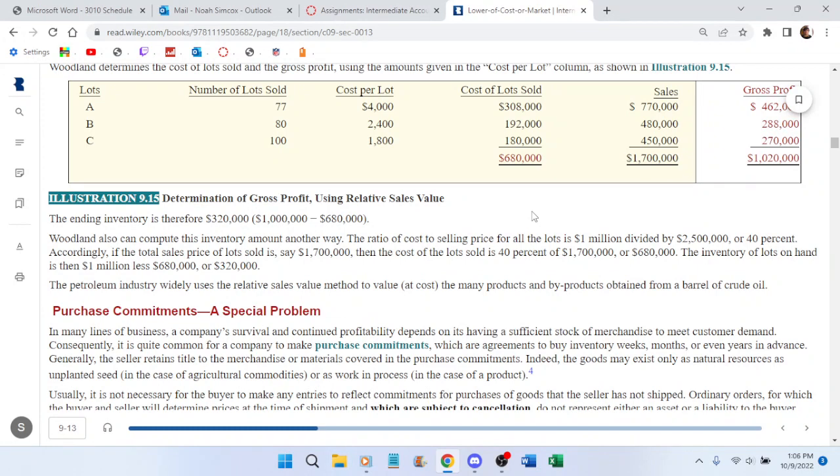Great job. Okay, the ratio of cost to selling price is 40%. If total sales price of lots is this, then the cost of lots sold is that.